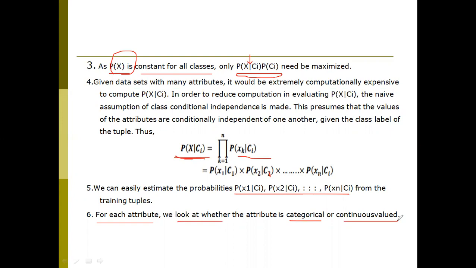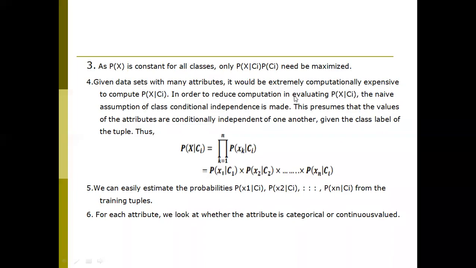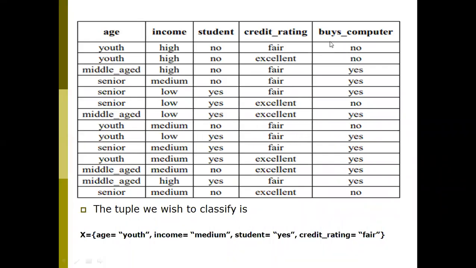Now I'm going to explain one example for a categorical attribute kind of data set.